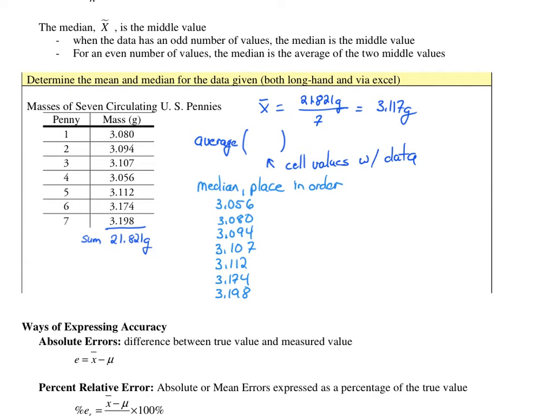And our median value, since these are 7 values, would be the 4th item. So we look to the 4th item: 1, 2, 3, 4.